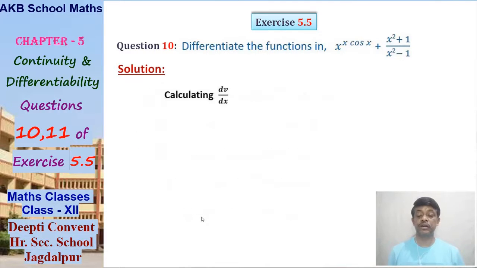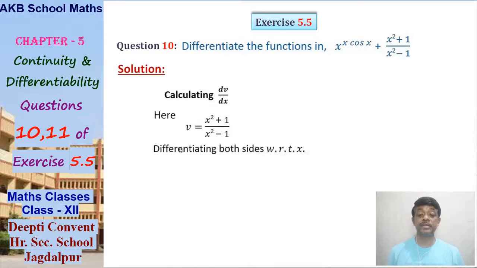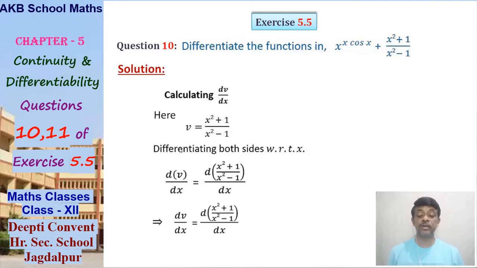Now we are finding dv by dx. Here v equals (x square plus 1) by (x square minus 1), and differentiating both sides with respect to x, dv by dx equals d by dx of this rational function. Okay, here u by v, the division formula we have to apply, directly differentiating, not logarithmic.